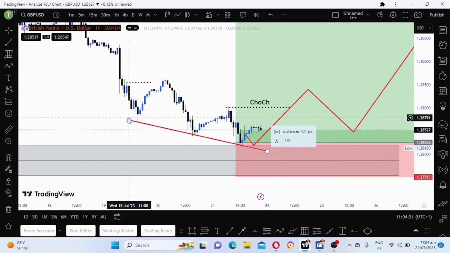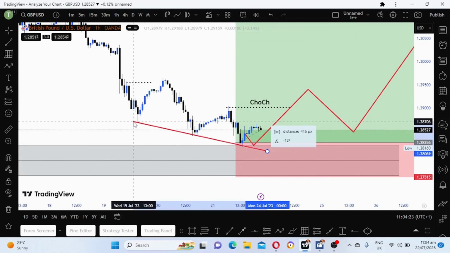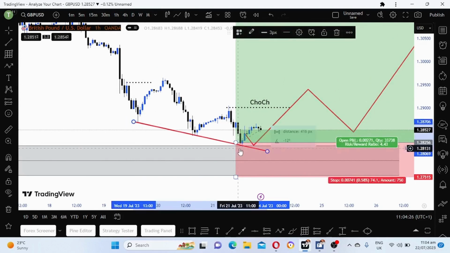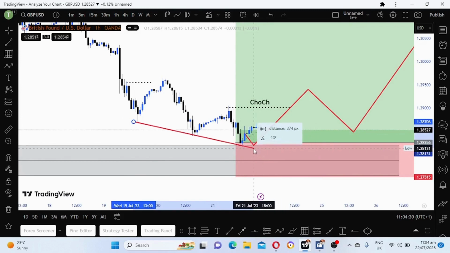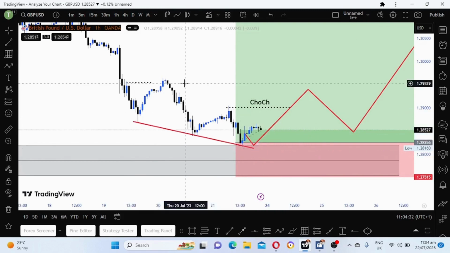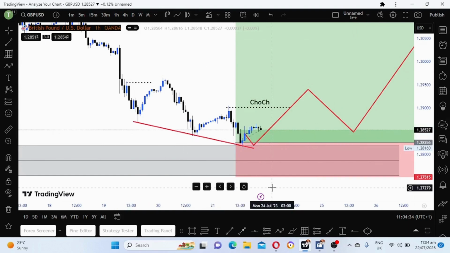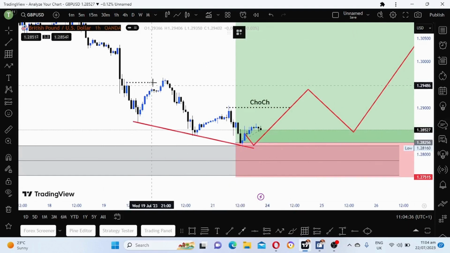We also have a third touch on this trend line. I don't normally trade trend lines, but I just added it as a confluence.